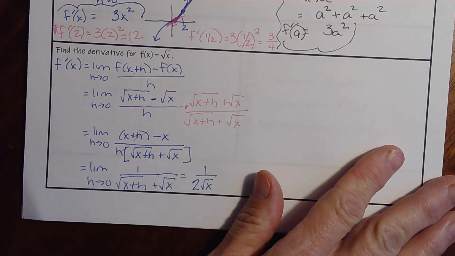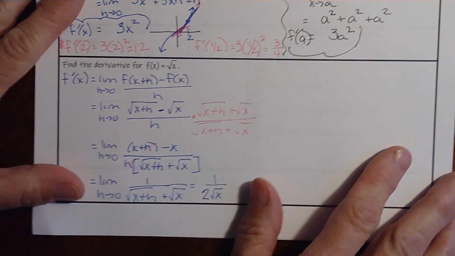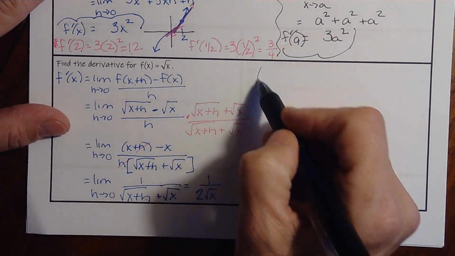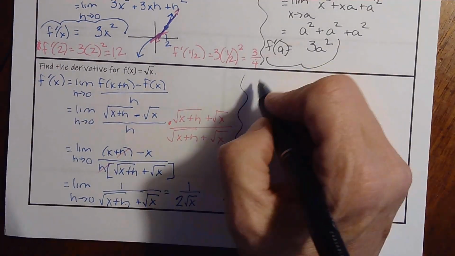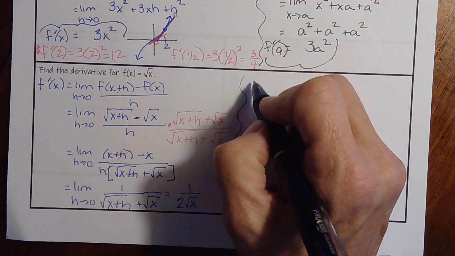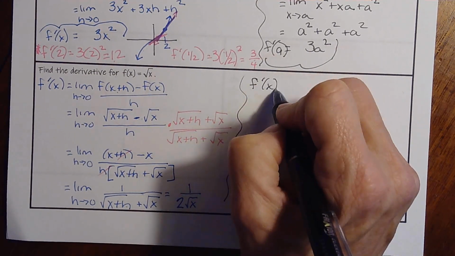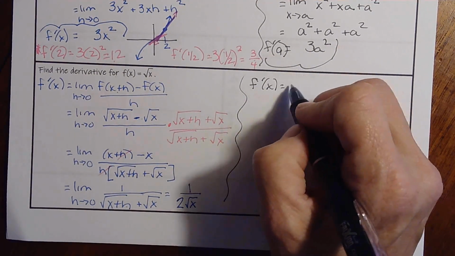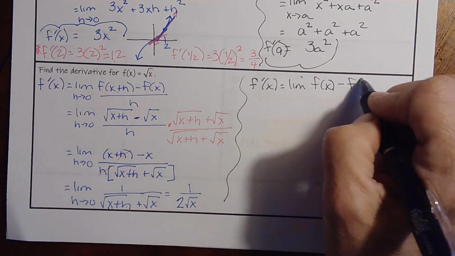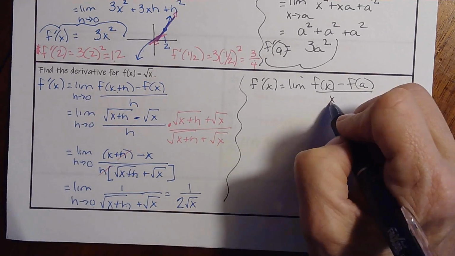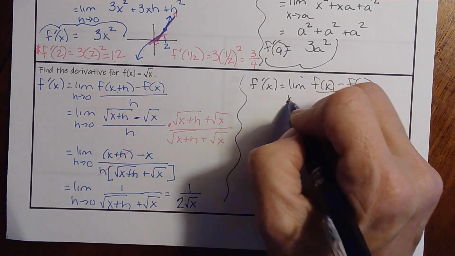Once again, let's use the second definition. Let's use the other definition to see what it looks like. So we want to find f prime of x equals the limit of f of x minus f of a over x minus a as x approaches a.